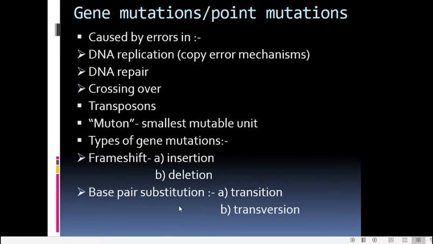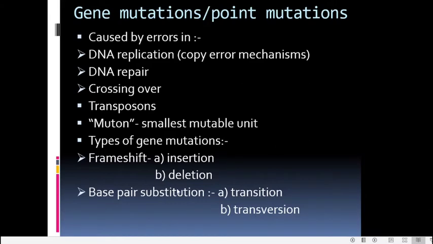Whereas in base pair substitution, if the replacement occurs in such a way that there is no defect in the protein produced, then there will be no phenotypic effect. That is why, when we take gene or point mutations, 80% are frame shift mutations.